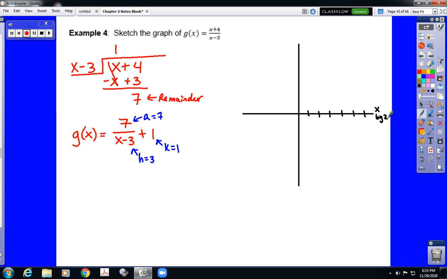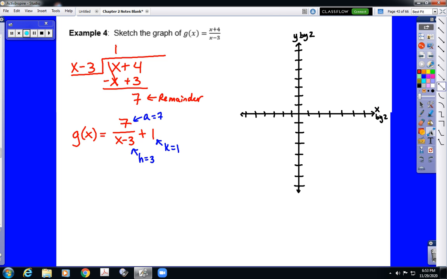And I'm going to show that by simply stating that next to my label on the x-axis. 2, 4, 6, 8, 10, 12. I'm going to do the same thing on the y-axis by 2's. I may not need all of these marks, but I just want to make sure that I've got plenty of room on my axis.